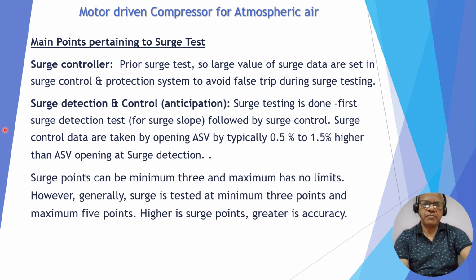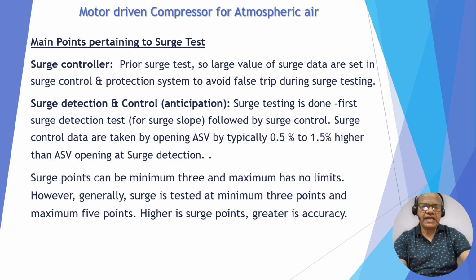Surge control data is taken by opening the ASB, typically 0.5% to 1.5% higher than the ASB opening at surge detection. So whatever is the position of the anti-surge control valve during the actual surge test, if you want to conduct the surge control test, we have to open the ASB typically 0.5% to 1.5% higher than the position of the ASB when the actual surge test was done.